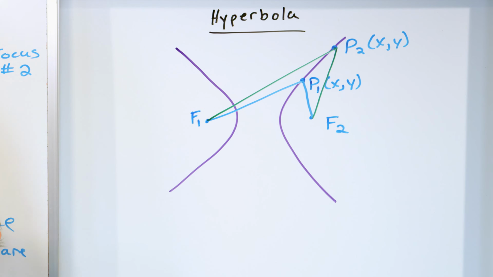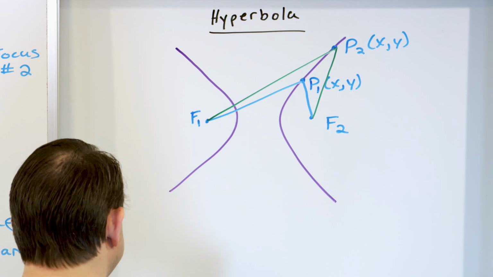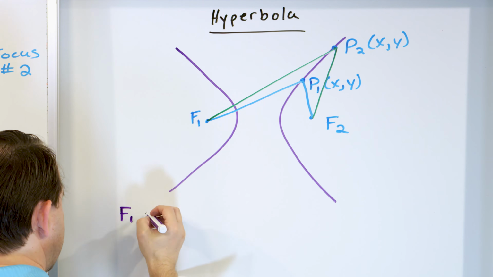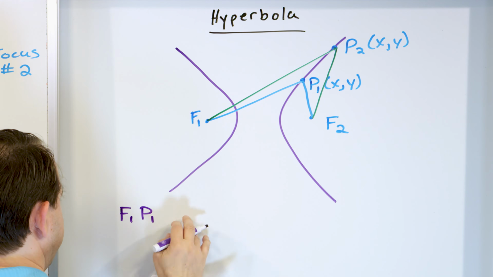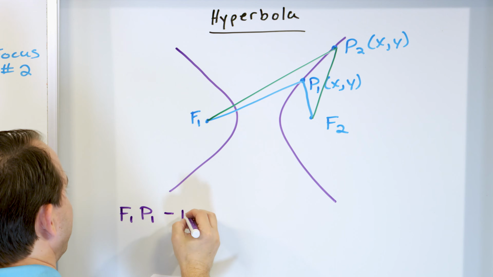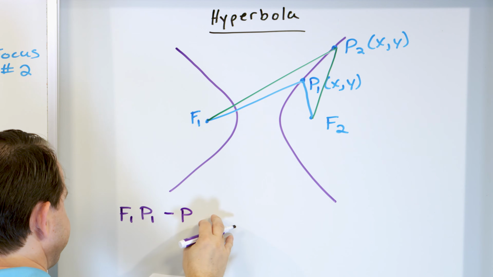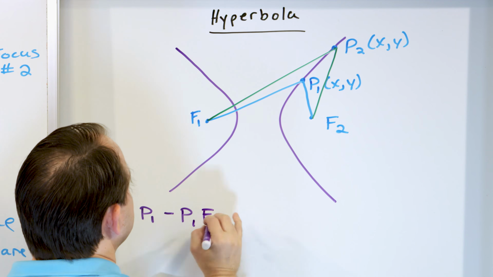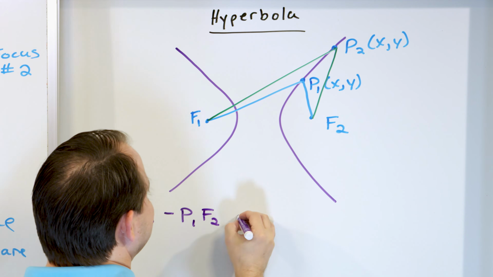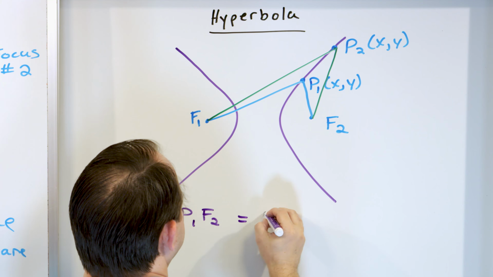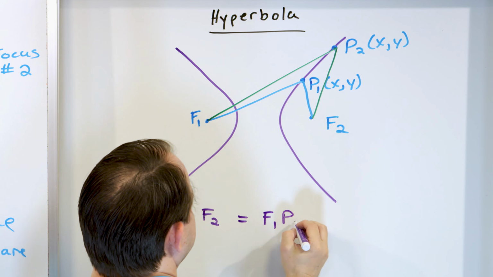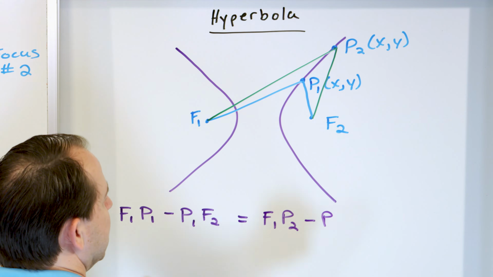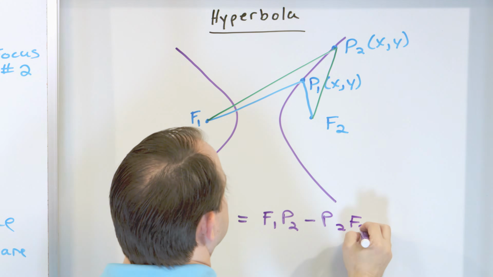So what we're basically saying is that the distance from F1 up to the point P1 minus the distance from P1 down to F sub 2 is the exact same as the distance from F1 up to P2 minus P2 to F2.